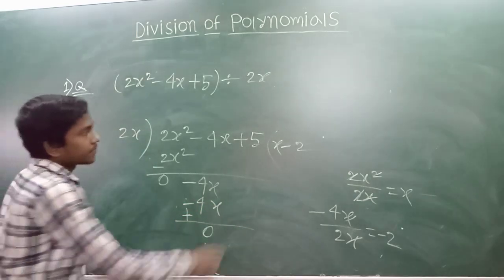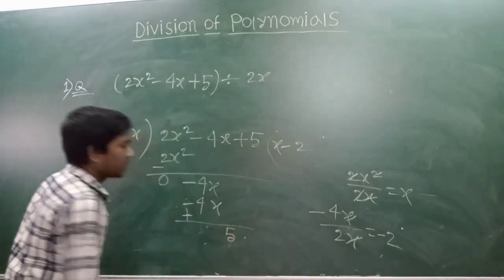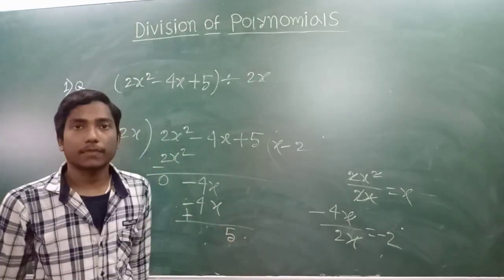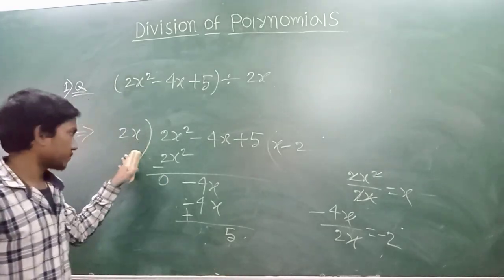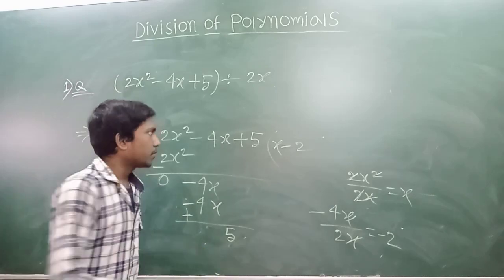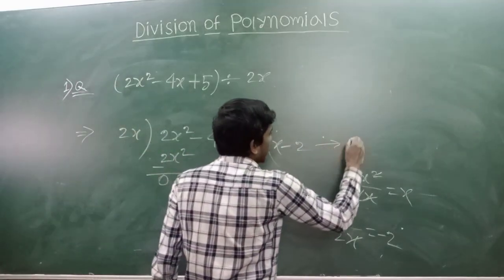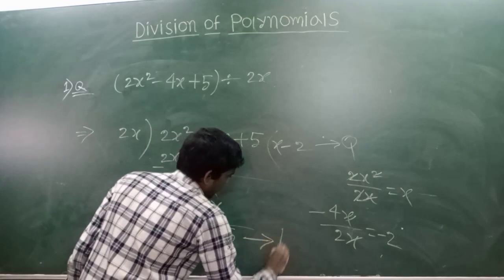Here it is 0 and take the 5 here. So we are left with a constant remainder, that is 5. Since we cannot divide a constant by a variable, we will not proceed further. Okay. So here our quotient is x minus 2 and 5 is the remainder.